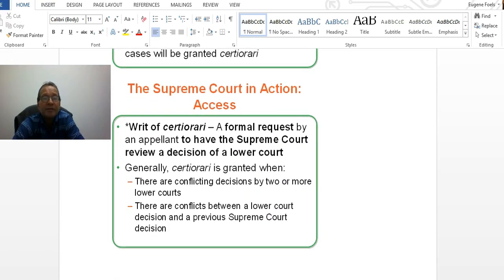A writ of certiorari is a formal request by an appellant to have the Supreme Court review a decision of a lower court. It's granted when 4 or more justices agree, and again, it usually revolves around conflicting decisions by lower courts.